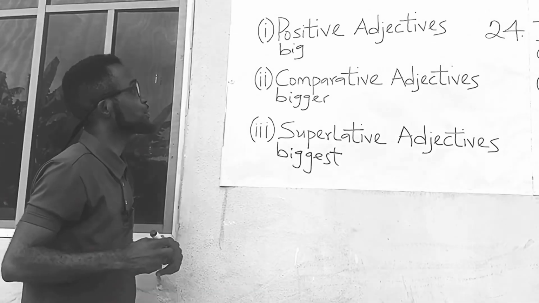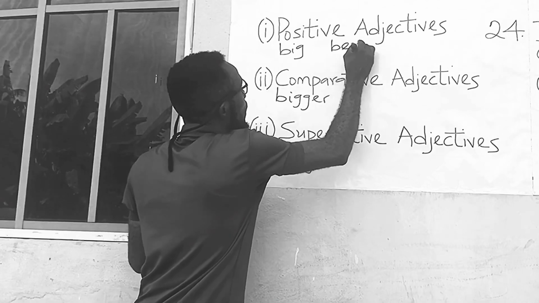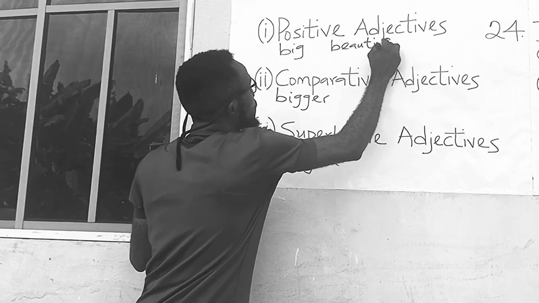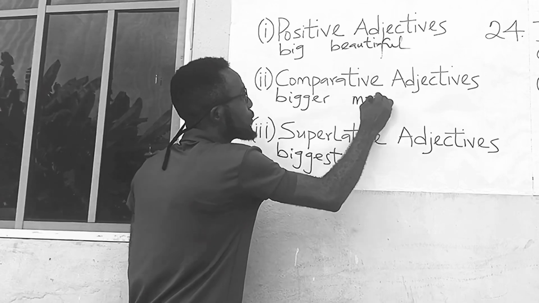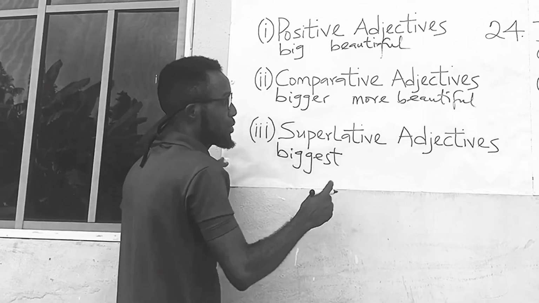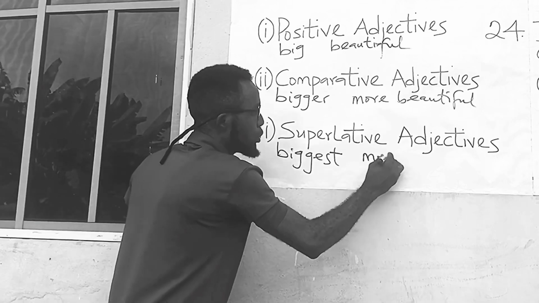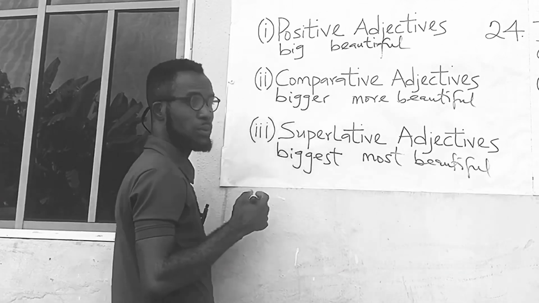Another example, if I put here beautiful, here should be more beautiful, and here should be most beautiful.